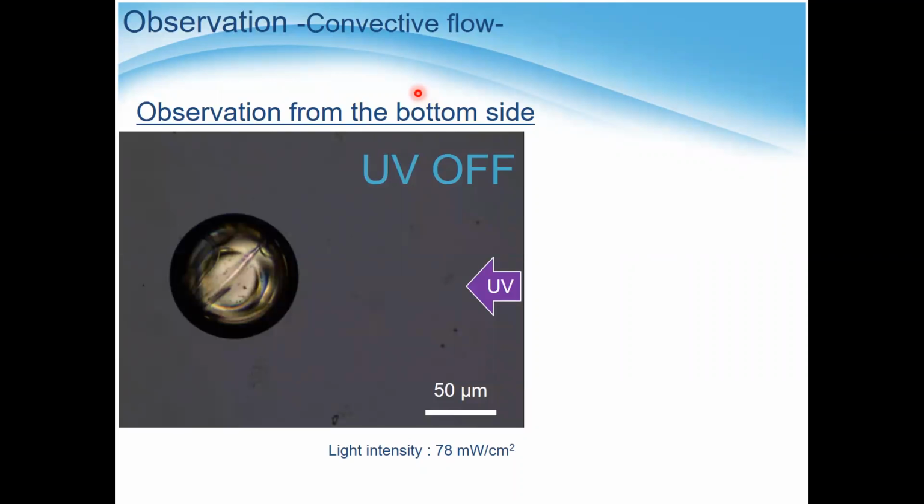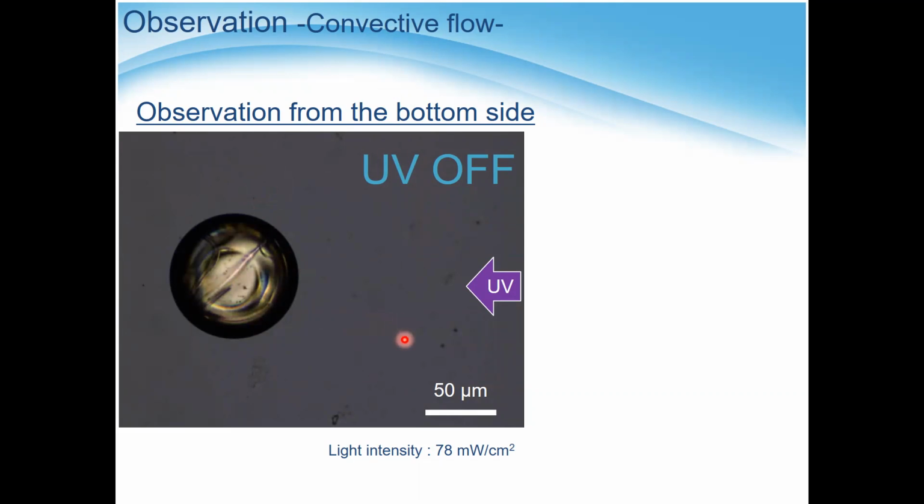And the other thing we confirmed is the convective flow. Because it is expected that there should be some convective flow inside the droplet, we observed it from the bottom side of the droplet.